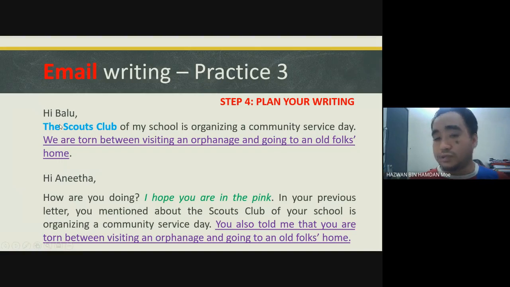Okay, so you have, okay, kita masukkan ayat tadi, ayat yang atas ni ke dalam respon kita.